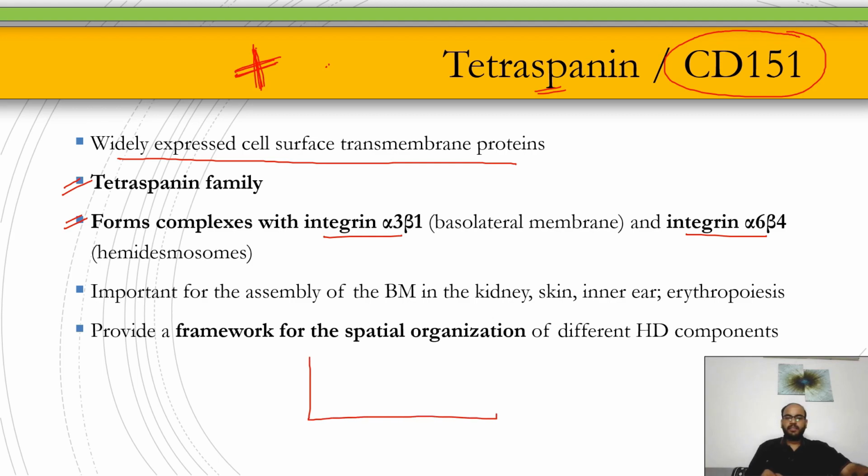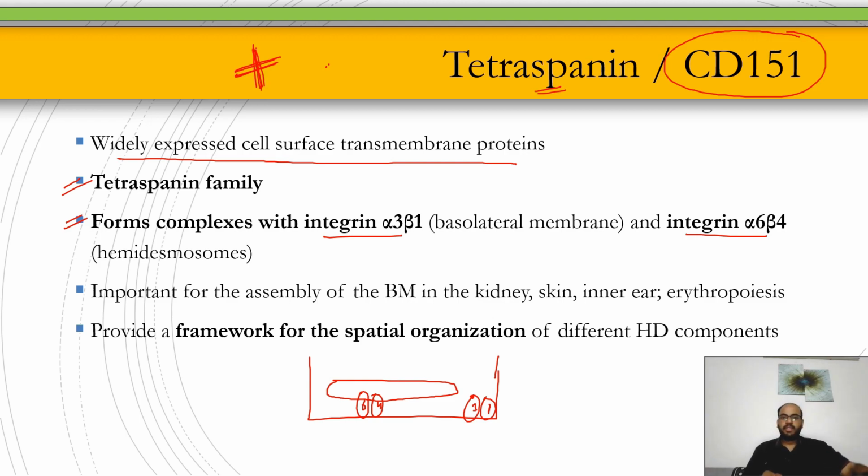Now let's say this is the cell, the basal layer of the cell. And you have integrin alpha beta, and this one is alpha 6 beta 4, and this is the hemidesmosomal plaque. Clear? There is another integrin by the name of alpha 3 beta 1, which is not a part of hemidesmosome. It is entirely separate and it is away from hemidesmosomes.